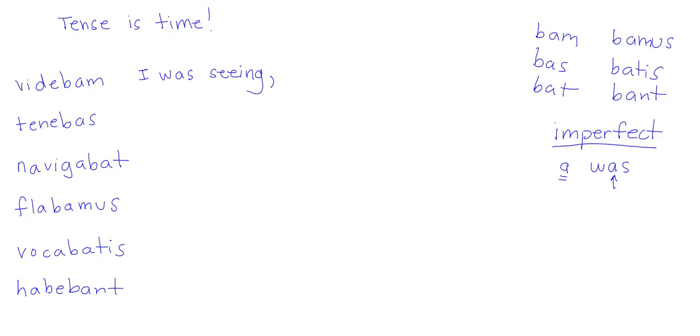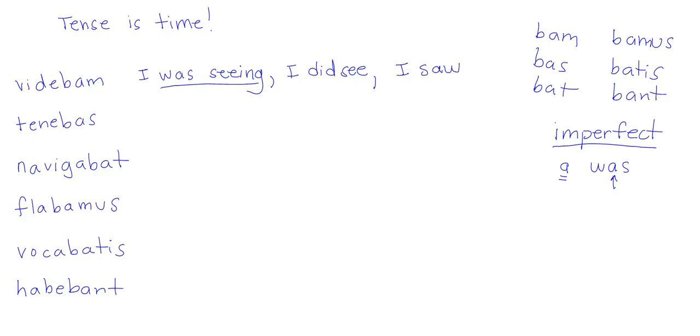And another way to translate videbam, I did see, or I saw. Now, I saw might seem like the easiest way, but in Latin, the imperfect tense is more perfectly translated with the was seeing, because it is something that happens over time.